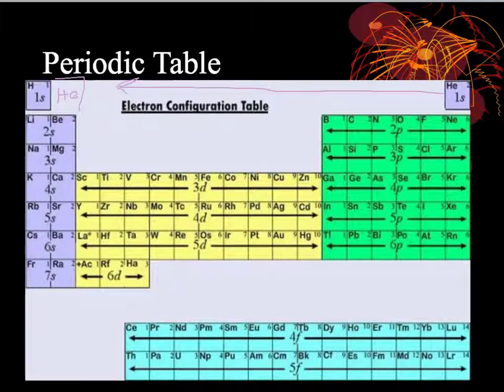Neon's got a full first energy level because it's got 2 electrons in that first inner sphere. Then it's got 2 electrons in the second sphere, so it filled up 1, 2, and then it filled up the next 2, and then it's actually going to fill up 1, 2, 3, 4, 5, 6 petals, and that actually completes. It's got a full second energy level.